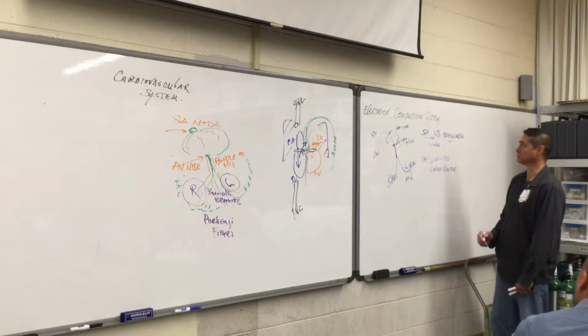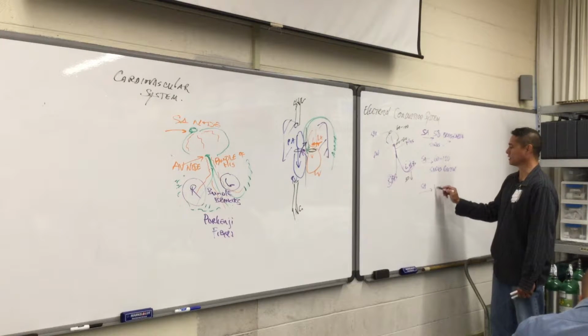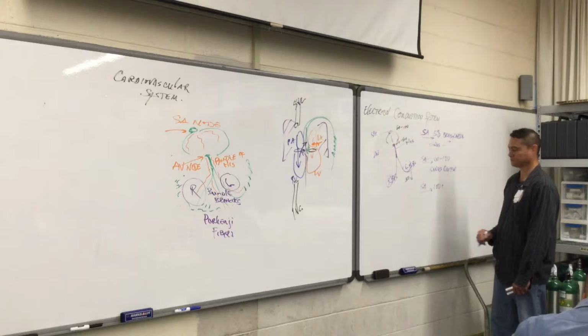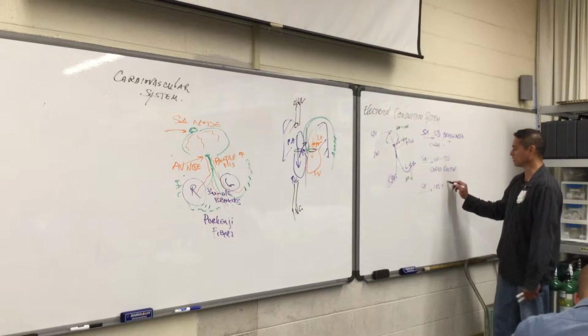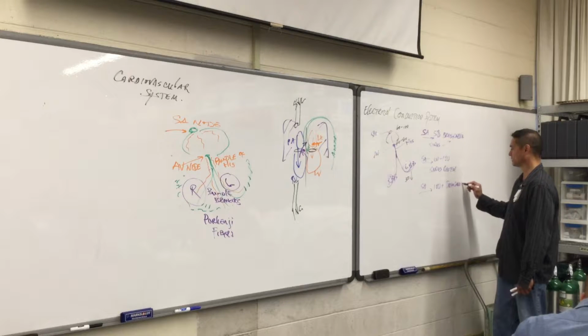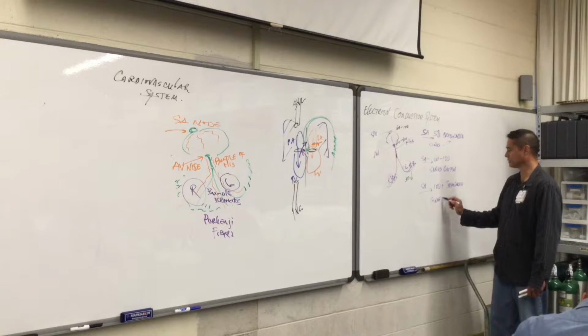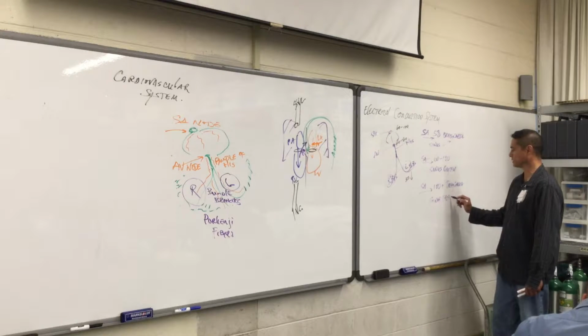And now if the SA node fires, when it causes the heart rate to go above 100, this is what we would call tachycardia. And we'd call this sinus tachycardia.